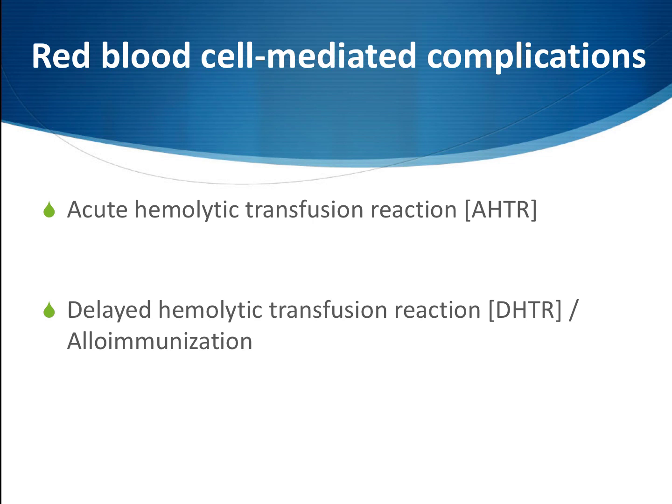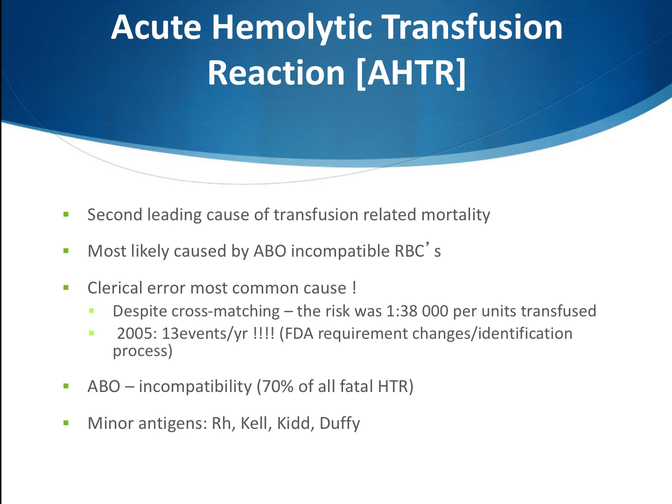So, the red cell-mediated complications: the acute hemolytic transfusion reaction, and then the delayed form. Every one of you who went through the blood bank rotation should be a master at this, because that was our simulation experience. It's still a significant cause of transfusion-related mortality, most likely caused by an ABO incompatibility or atypical antibodies, don't forget those.